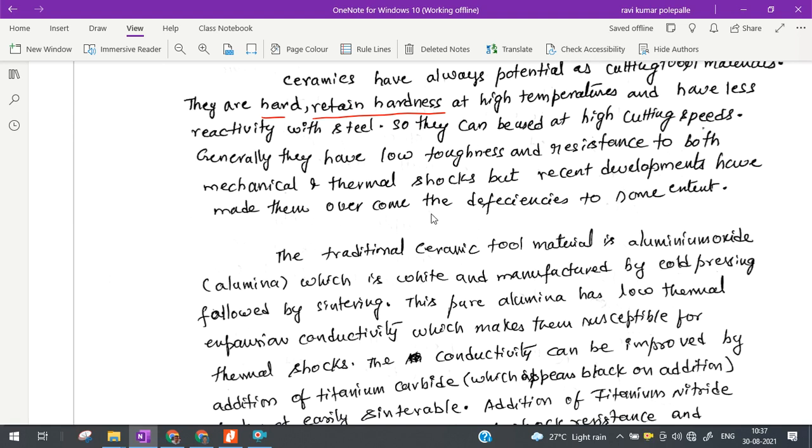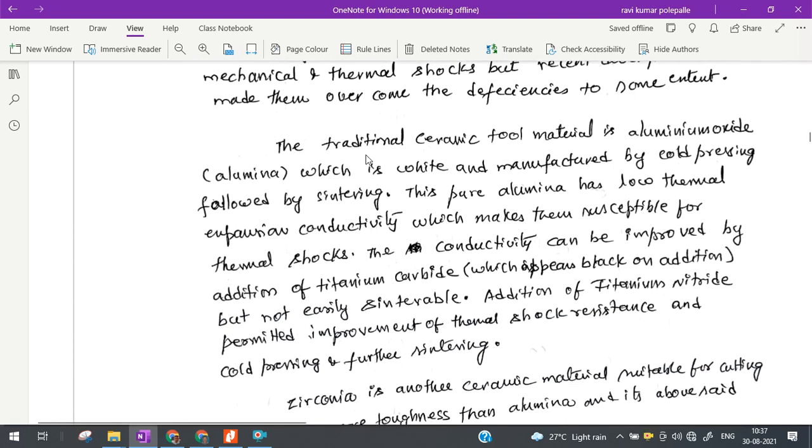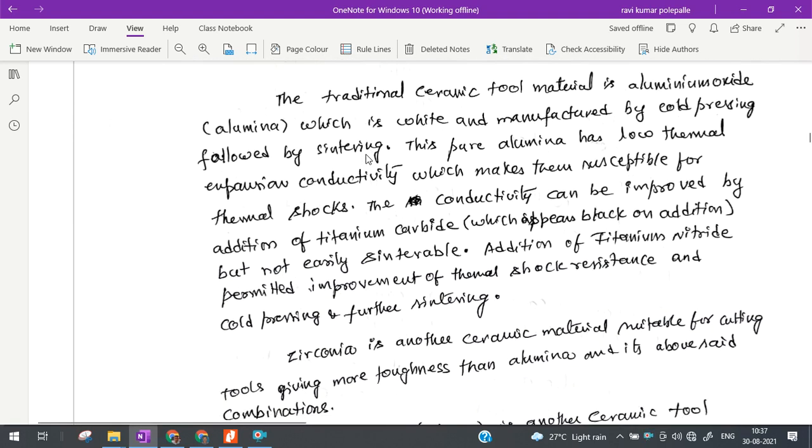However, the developments made in technology these days have reduced these deficiencies to some extent. The traditional ceramic cutting tool material is aluminum oxide or alumina, which is white in color, and the manufacturing is by cold pressing followed by sintering.